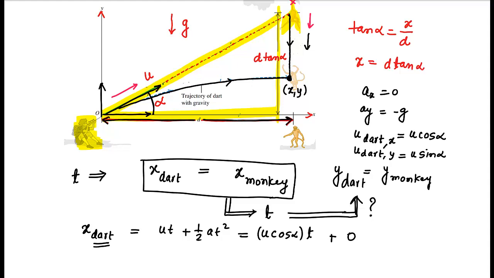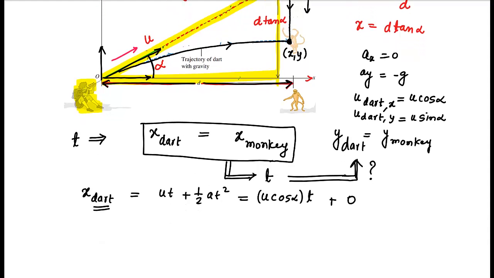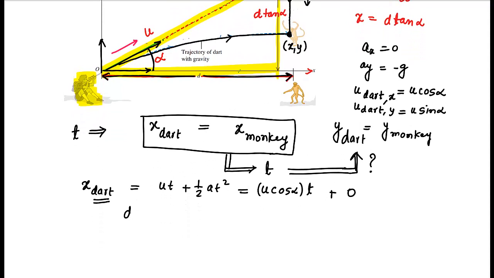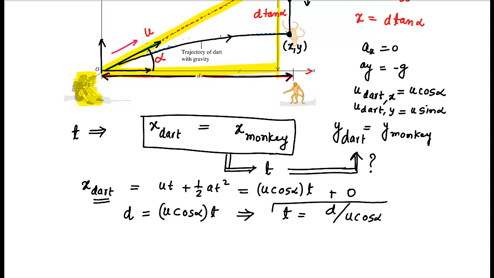So the monkey is at a distance d from the origin in the horizontal direction. So I can plug x dart is equal to d, and this is equal to u cos alpha times t. So from here I can calculate time, and this turns out to be d divided by u cos alpha. So this is the time after which the dart is going to hit the monkey.